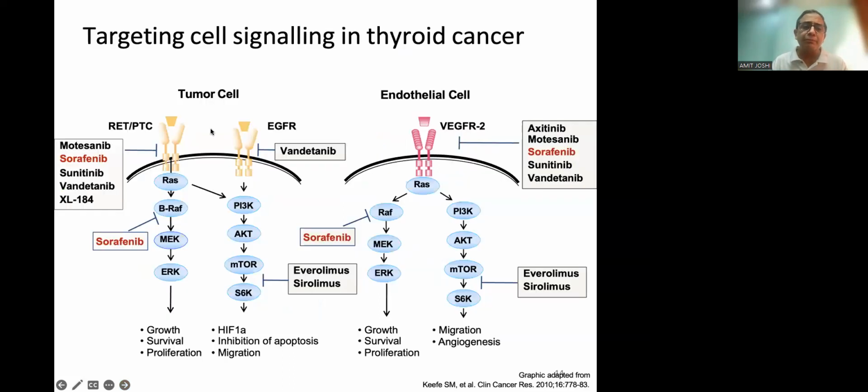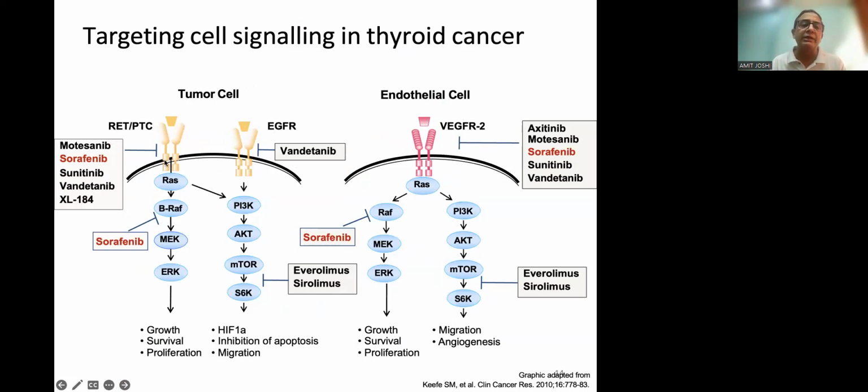This is another diagram. As I discussed previously, this shows how tumor cells proliferate after becoming radioiodine refractory. The pathways studied mostly are the EGFR targeted therapies and the VEGFR pathway.